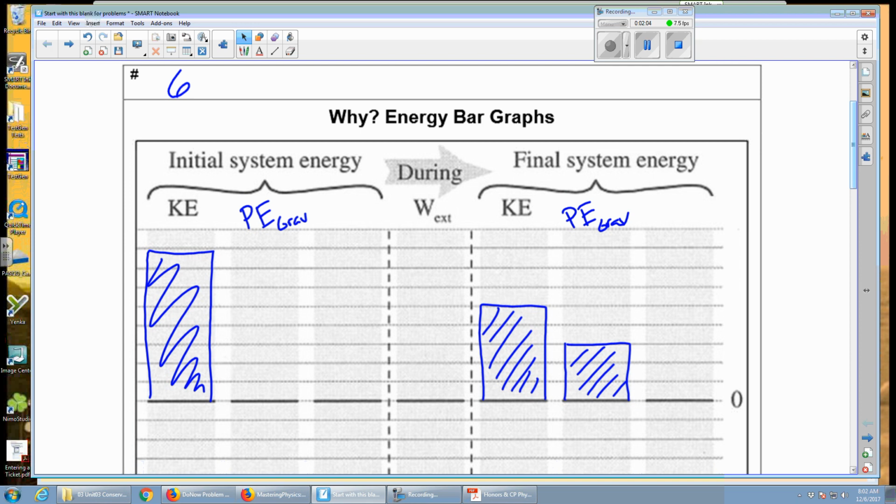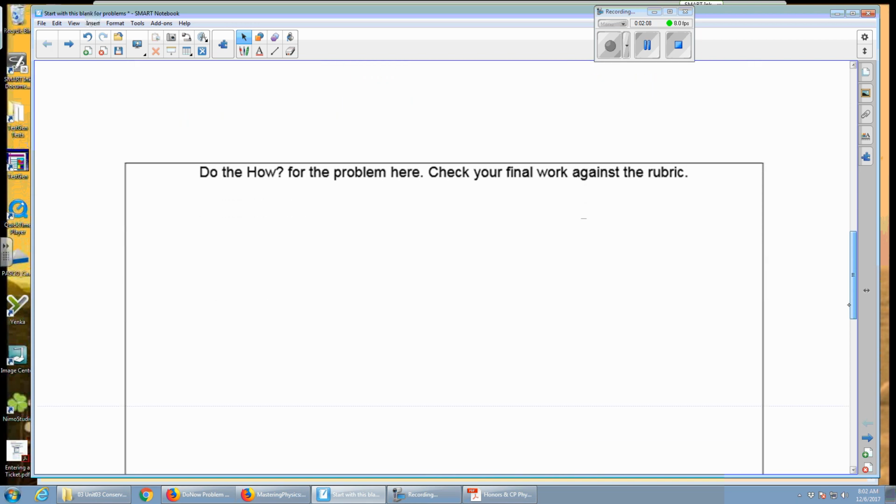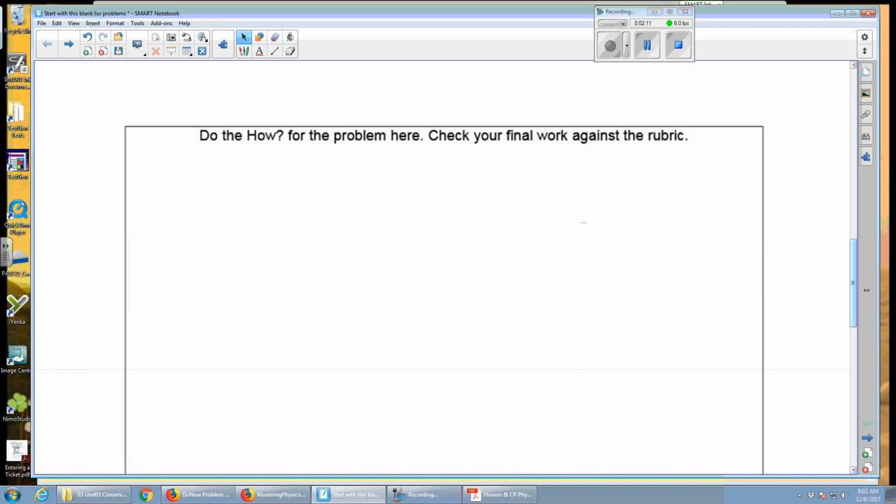All right, so moving on from that, I would go down to my how, and I would start off with the equation that my graph just created. Sorry, completely started off wrong.